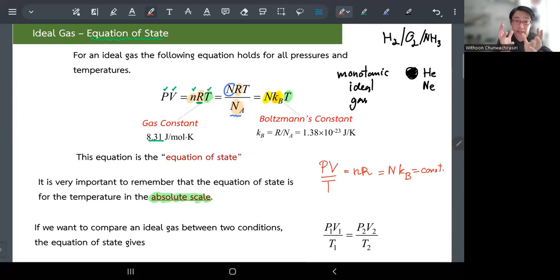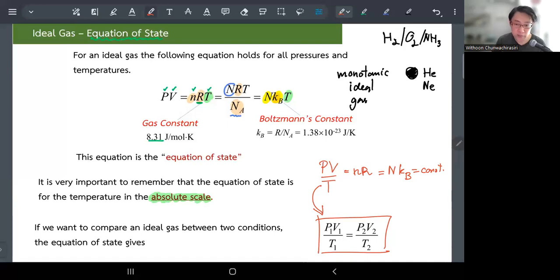The amount of gas stays fixed. The only things that are going to change are the variables: the pressure, the volume, the temperature. But these stay fixed. So that's why you can always say that the ratio PV over T will not change as long as you have the same amount of gas in your system all the time.